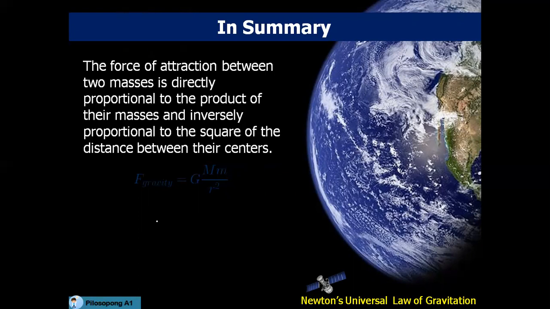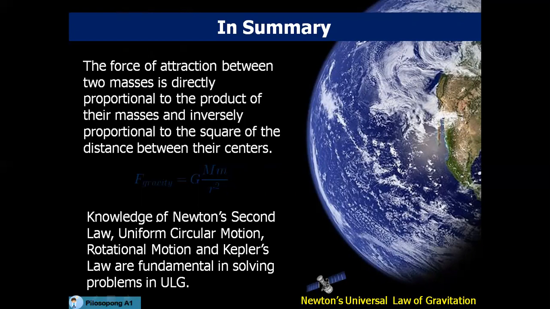Or you may use the other one that I gave earlier. Lastly, knowledge of Newton's second law, uniform circular motion, rotational motion, and even Kepler's law are fundamental in solving problems in the universal law of gravitation.